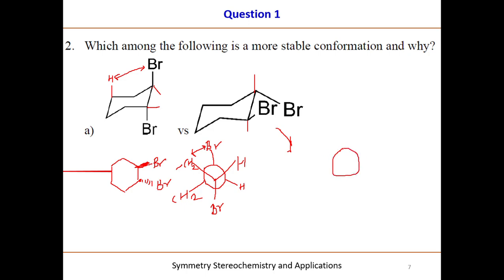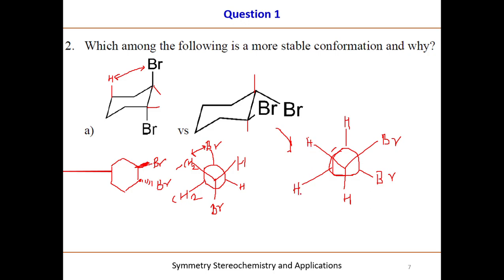but when we draw the conformation in Newman form, you will see here we have bromine here and here, right? Because these are two bigger atoms and they are separated by a 60 degree dihedral angle, they will create repulsion, and the repulsion between them will be high compared to the 1,3 diaxial interaction.